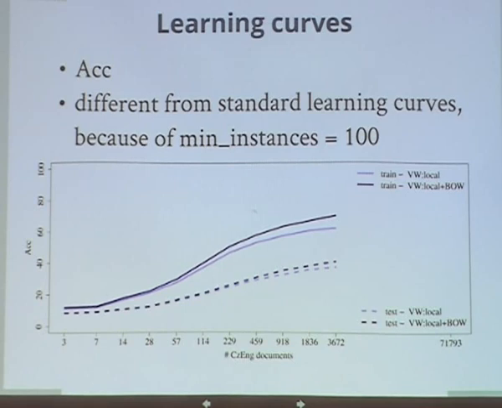So, okay. It doesn't look like a normal learning curve, because for a normal learning curve, the train should decrease while the testing on the test set should increase. But this increase of both is caused because of the minimal instances criterion or filtering. So if I test on the training data, I don't have a model for every word.